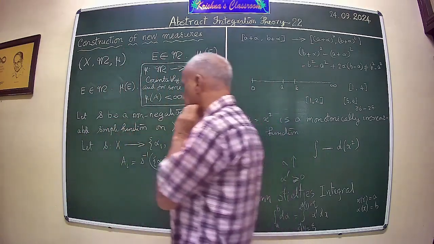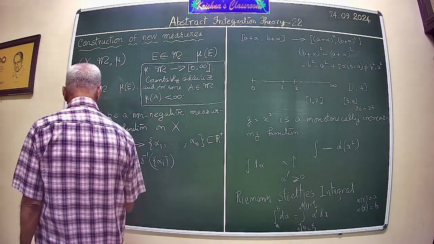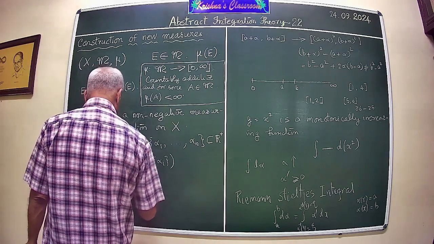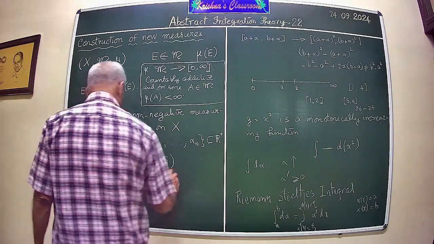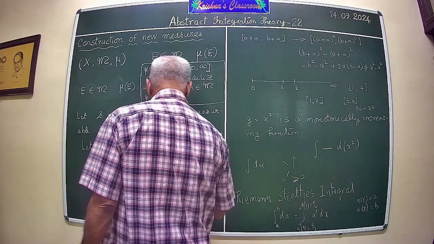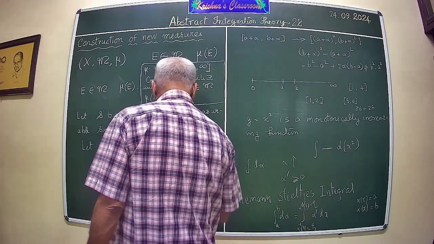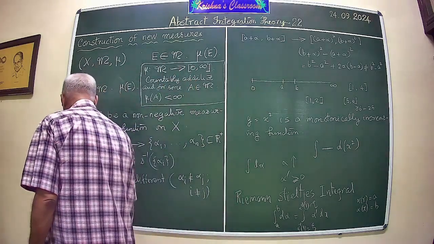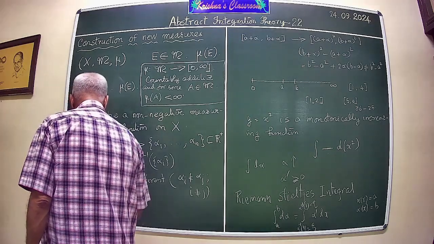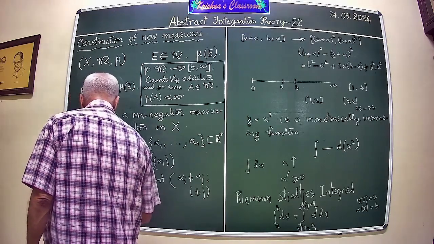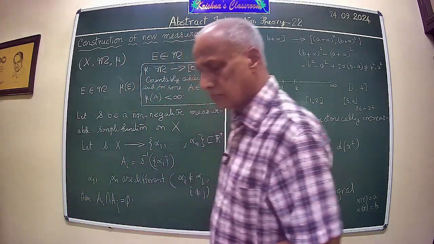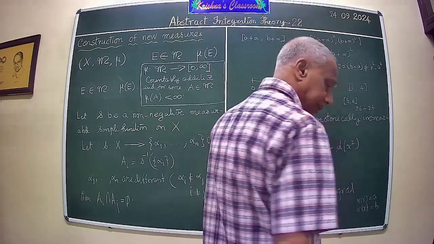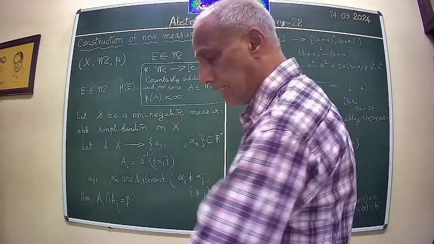If alpha 1, alpha 2, ..., alpha n are different, that is alpha i not equal to alpha j whenever i not equal to j, then you can define this function S as the sum of alpha i chi A i.